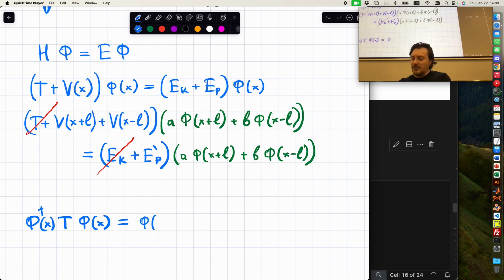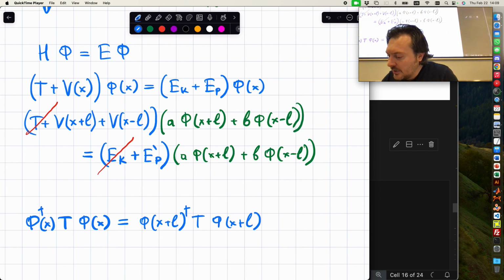Then this is equal to psi(x - L) T psi(x - L). Okay? Also with plus L. And since I'm going to multiply the ultimate equation with psi(x + L) daggers and whatnot, you will see in a moment, those parts get cancelled out.